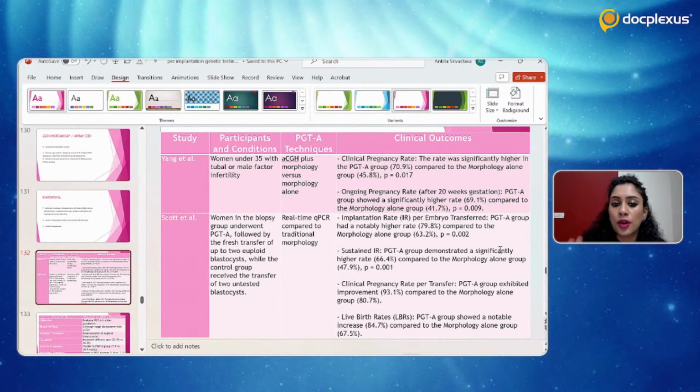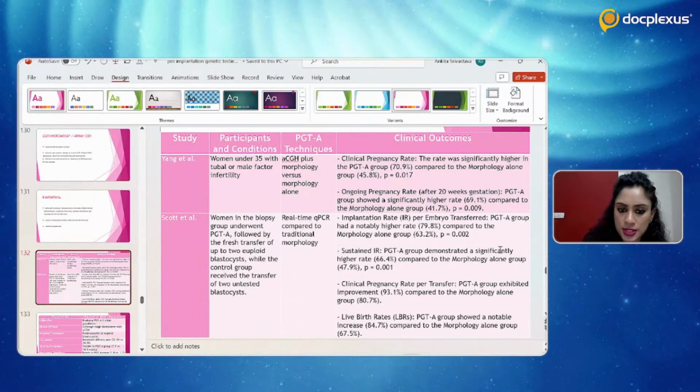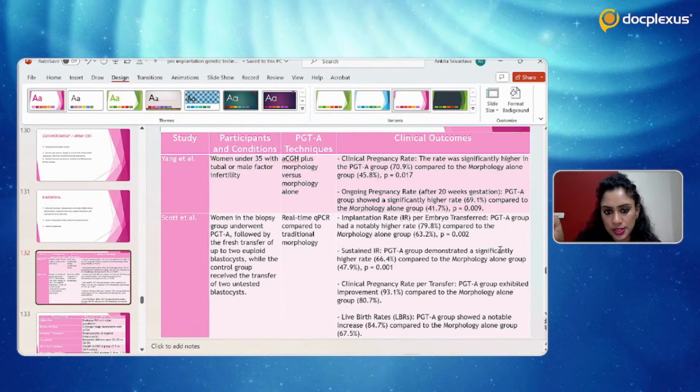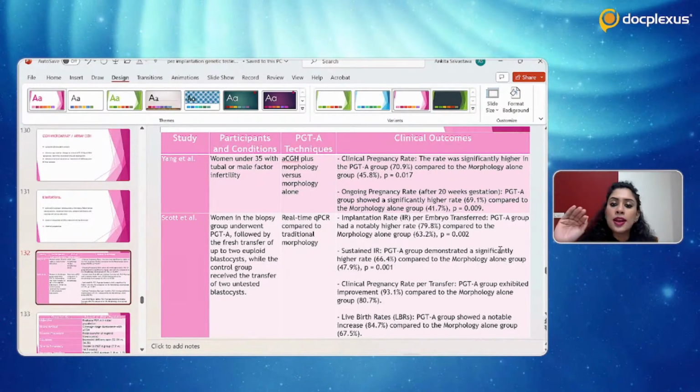When Scott et al. did this, women in the biopsy group underwent PGTA, followed by the fresh transfer of up to 2 euploid blastocysts, and the control group received the transfer of 2 untested blastocysts. Real-time quantitative PCR was done, and it was compared to the traditional morphology.